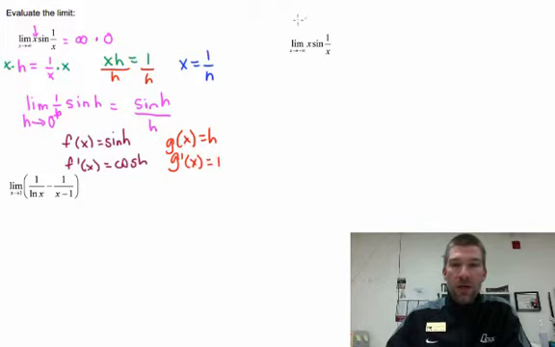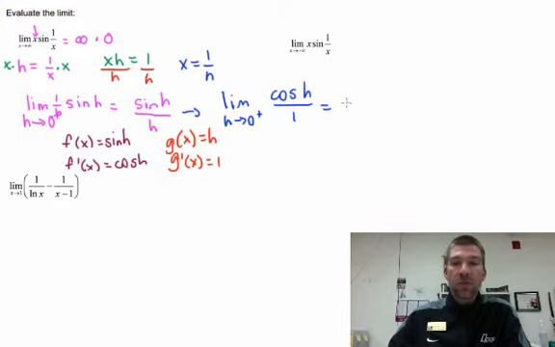And everything we're doing here, we can also do on this guy, by the way, because they're set up the exact same way. So now my new limit becomes the limit as h approaches 0 from the right of cosine h over 1. Now we can plug that 0 in, and we see that we're going to get 1 for our answer.